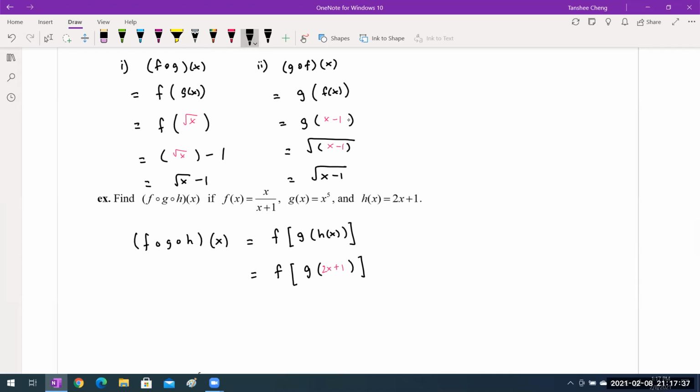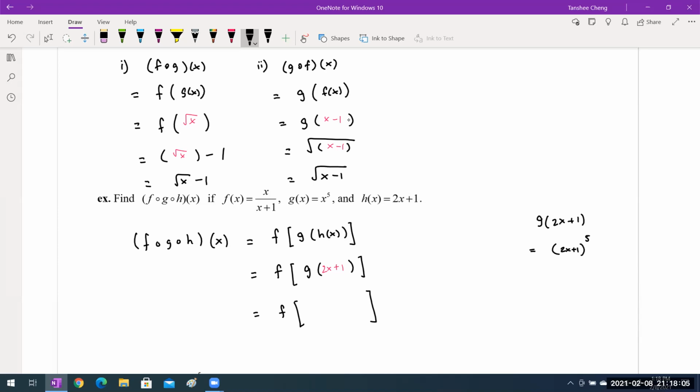So therefore, we're looking at the f function, where the input is g of 2x plus 1. I can take a look at this in side work to make it nice and neat and clear. g of 2x plus 1. My g function in this case is x to the 5th power. So it'll be 2x plus 1 to the 5th power.